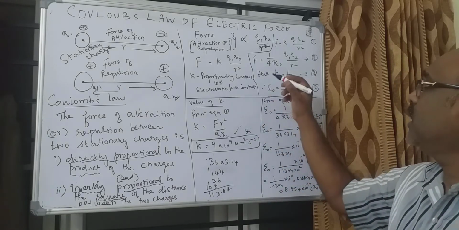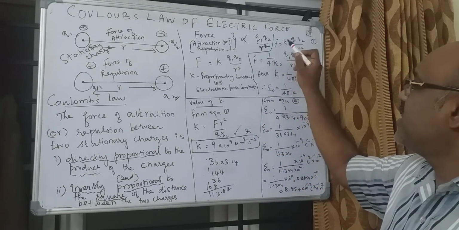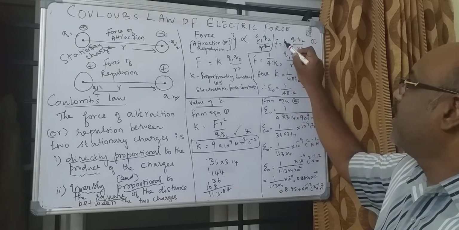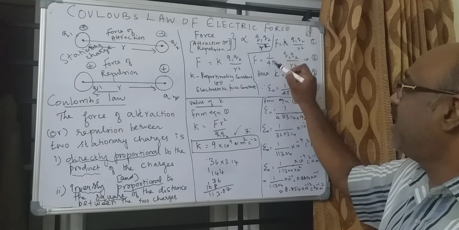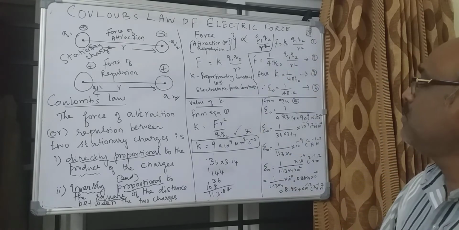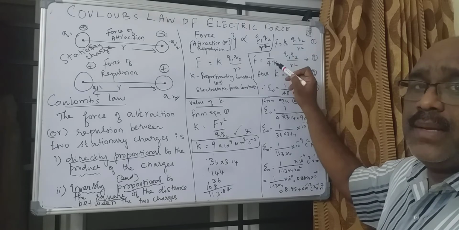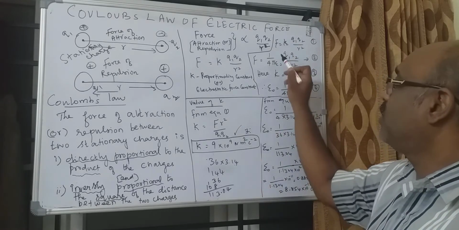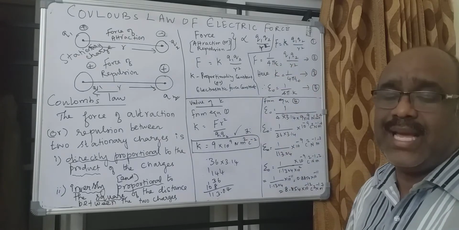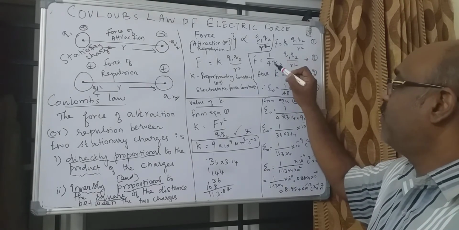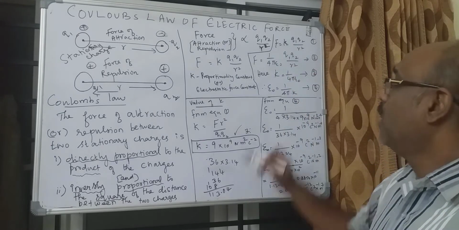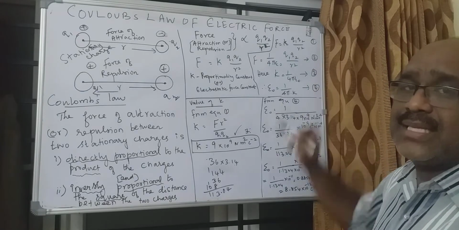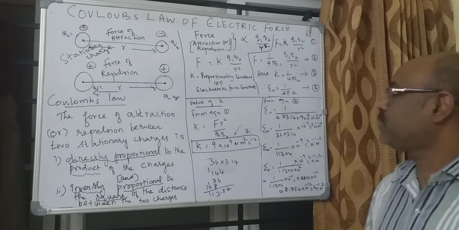Similarly, this equation can be rewritten as F is equal to 1 divided by 4 pi epsilon naught, Q1 Q2 divided by R square, where K is replaced by 1 divided by 4 pi epsilon naught, which you have to keep in your mind. Let us keep this as the second equation.